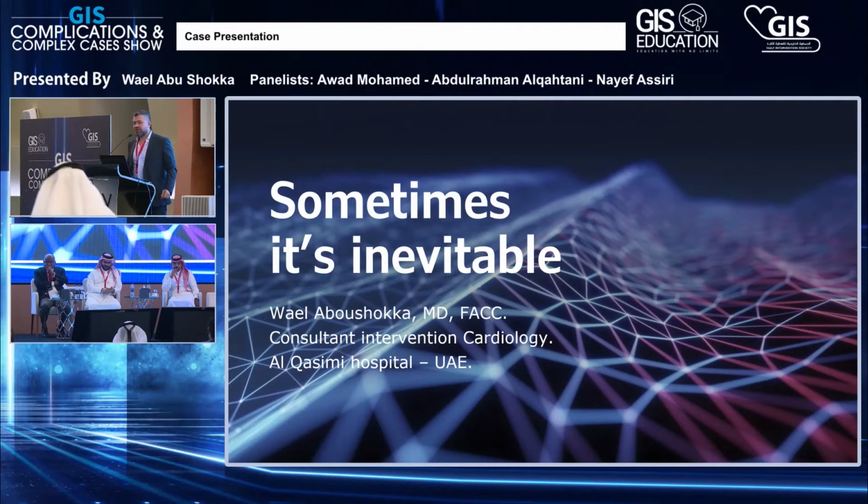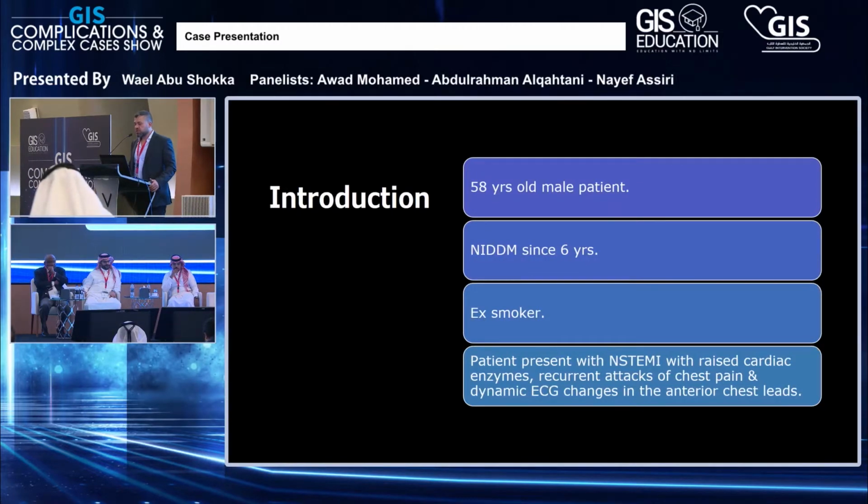After these very complex cases, my case is very simple in comparison because I was asked to present about stent thrombosis. Our case is a 58-year-old male patient, non-insulin dependent diabetic for 6 years, an ex-smoker.